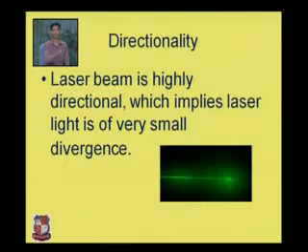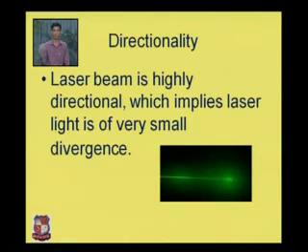Now the third one is the directionality. The laser beam is highly directional, which implies the laser has a very small divergence. Right? In the figure you can see that the laser beam has a very sharp line. But ordinary light has a divergence.